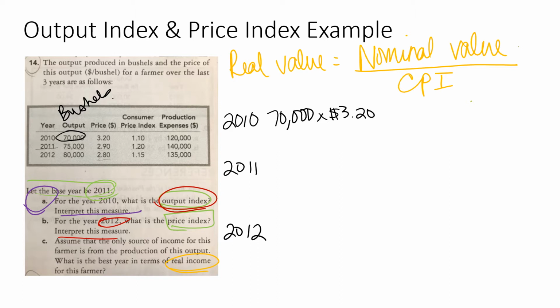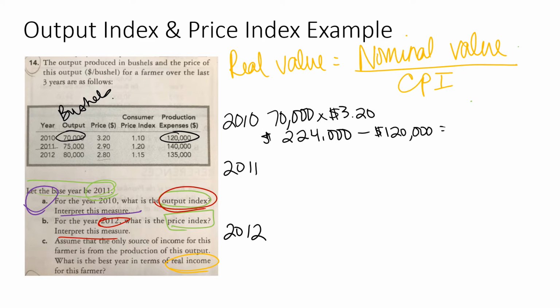So our gross income, 70,000 times 320, is $224,000. We're not done though, because we had some production expenses. So our production expenses were $120,000. We have to subtract those off.